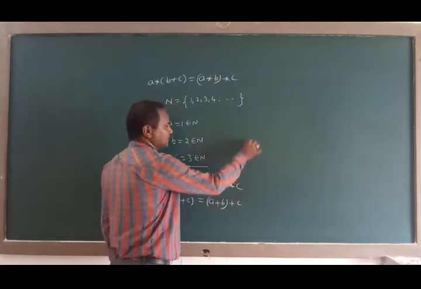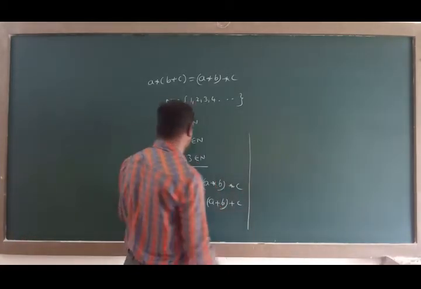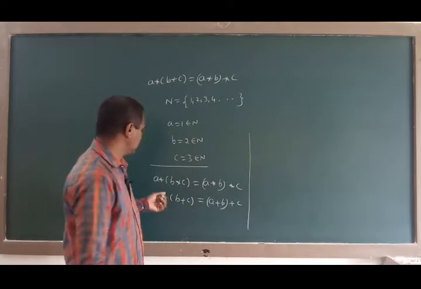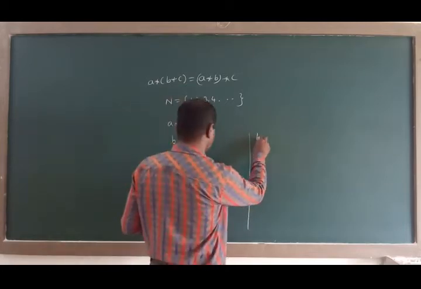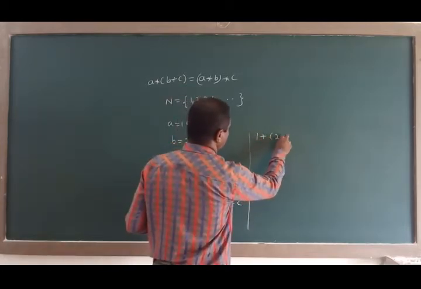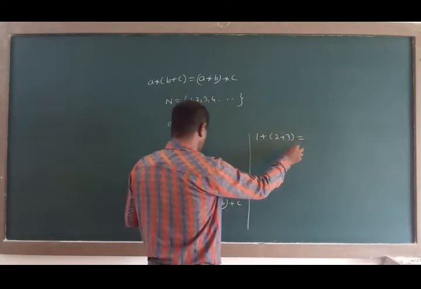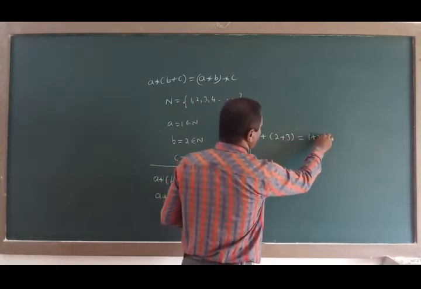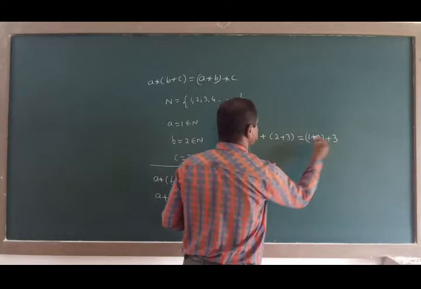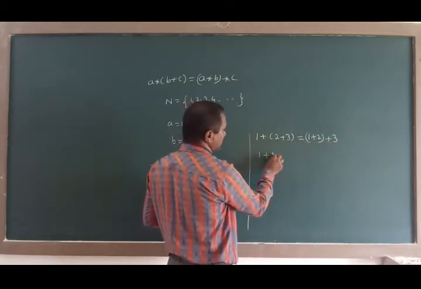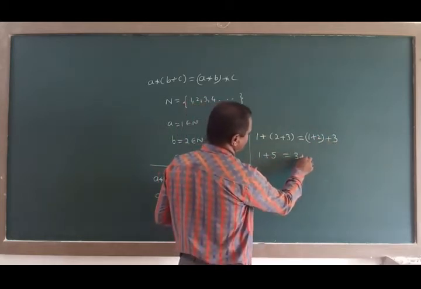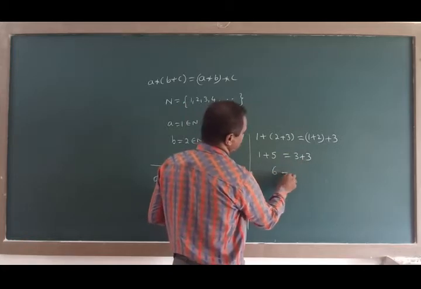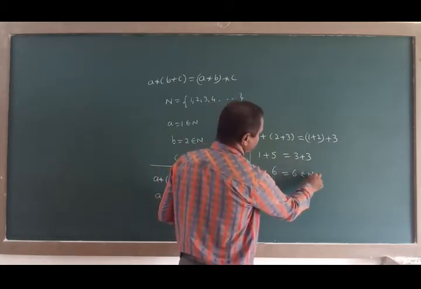Instead of a, b and c, we substitute these three numbers: 1 plus (2 plus 3) is equal to (1 plus 2) plus 3. So 1 plus 5 is equal to 3 plus 3, that is 6 is equal to 6, which belongs to capital N.